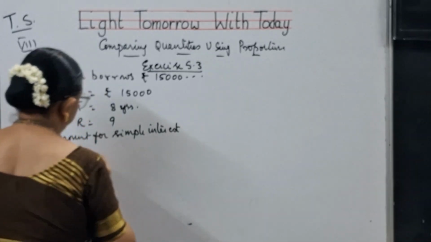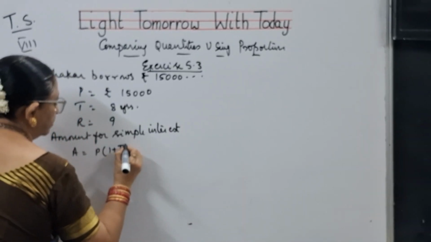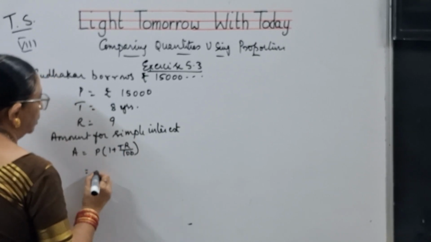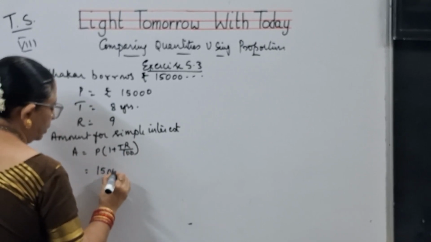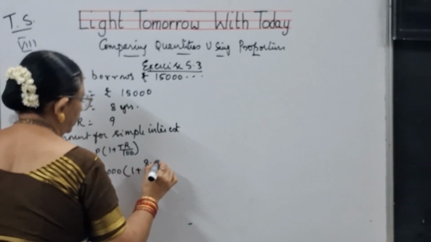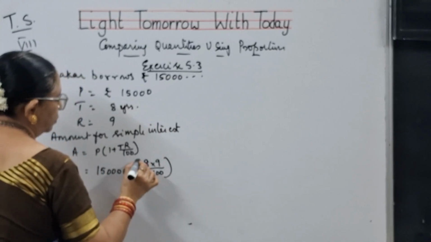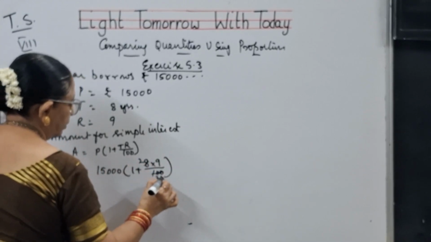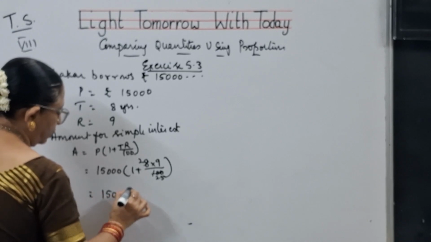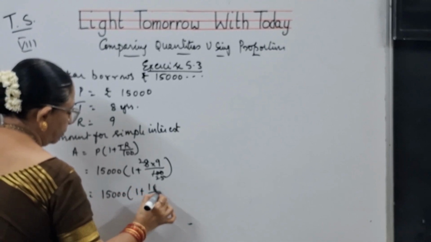Simple interest amount A is equal to P into (1 plus TR by 100). I told you earlier also this formula. So 15,000 into (1 plus 8 into 9 by 100). So 4 2s are 8, 4 25s are 100. So you will be getting 15,000 into (1 plus 18 by 25).